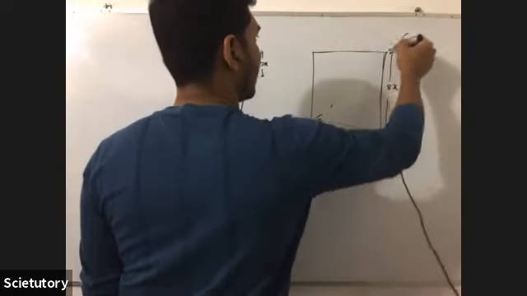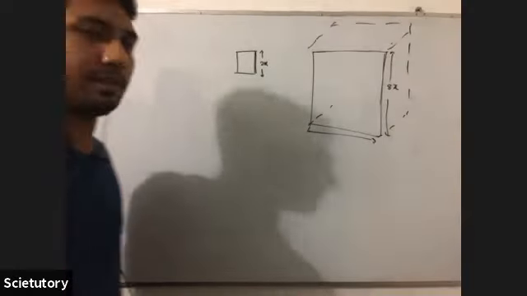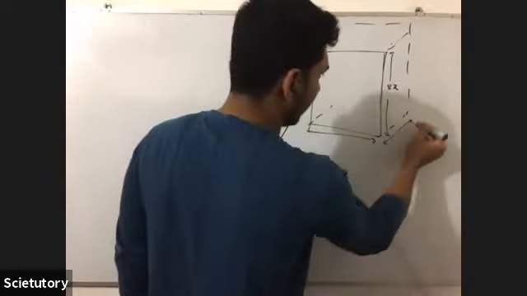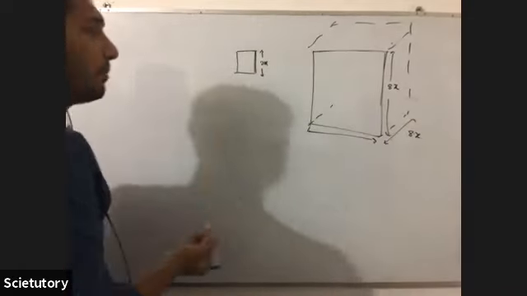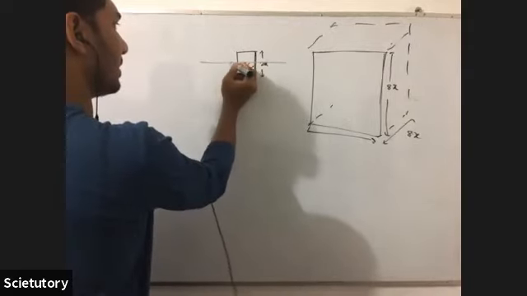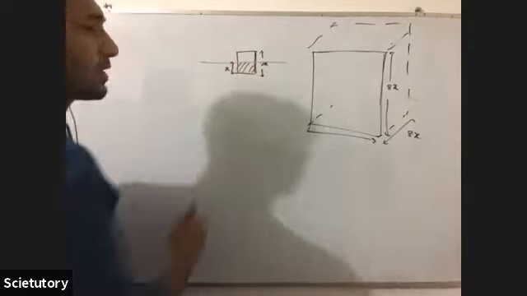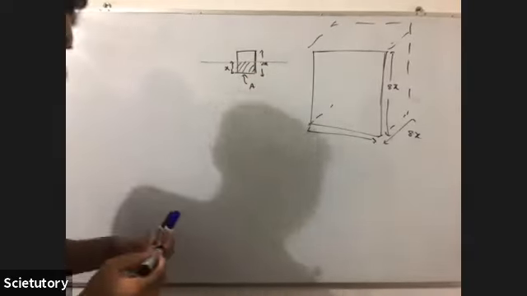Length, width, height, everything should be considered; you should imagine an object like this. So now the same volume should be displaced. Here the volume displaced is this, and the submerged depth is x. What do you think about the area of cross section here?